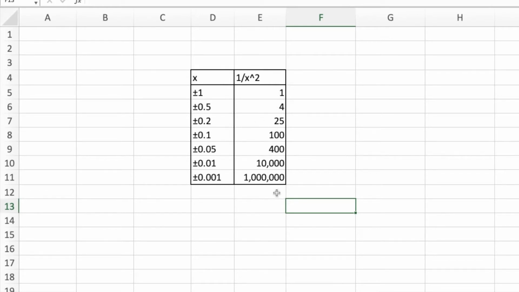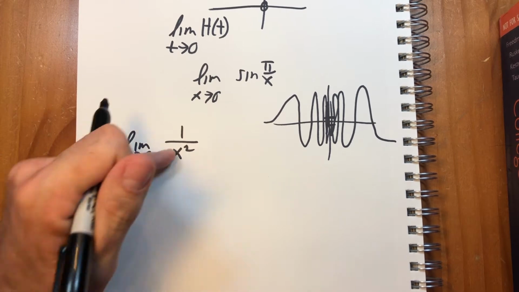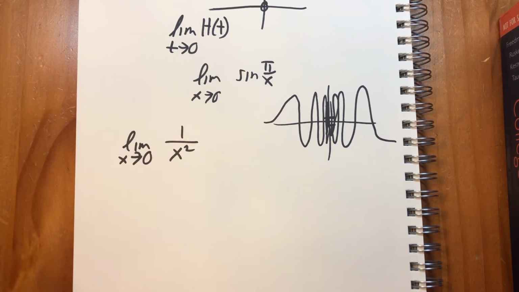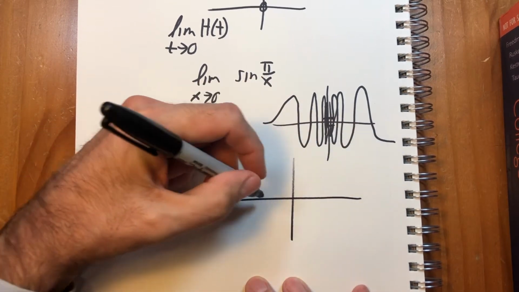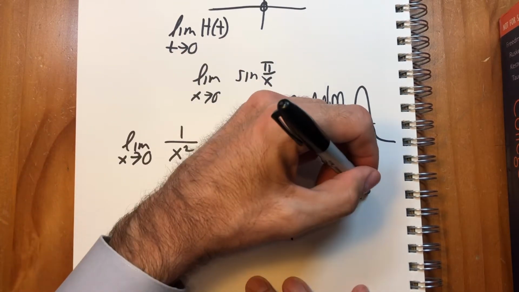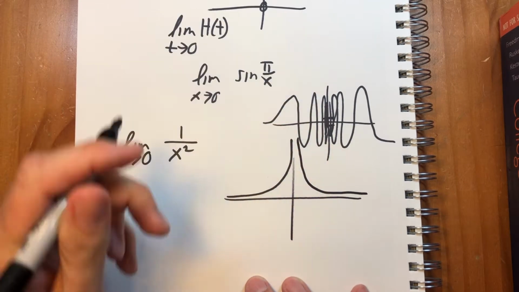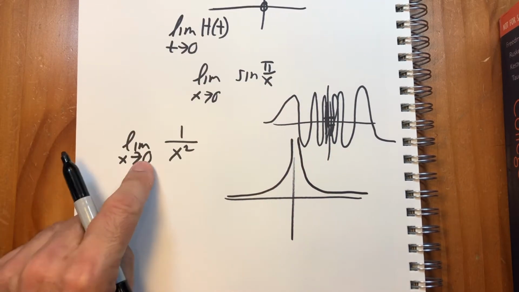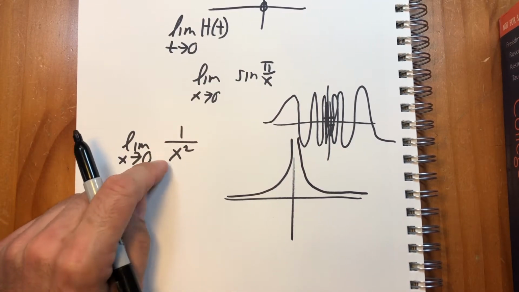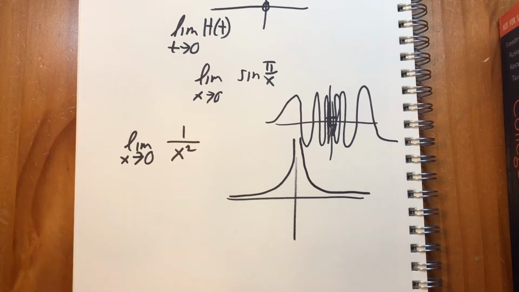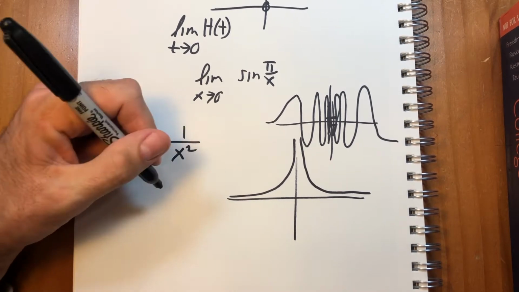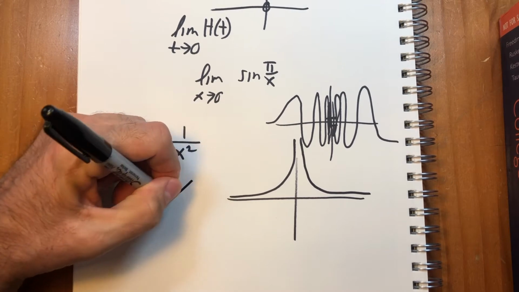So this function at 0 does not approach a certain number, because as you get closer and closer to 0, it just keeps getting bigger and bigger. It looks like this. It goes up that way, and it goes up that way. So as x is approaching 0, this function does not approach a specific number. So again, this limit does not exist.